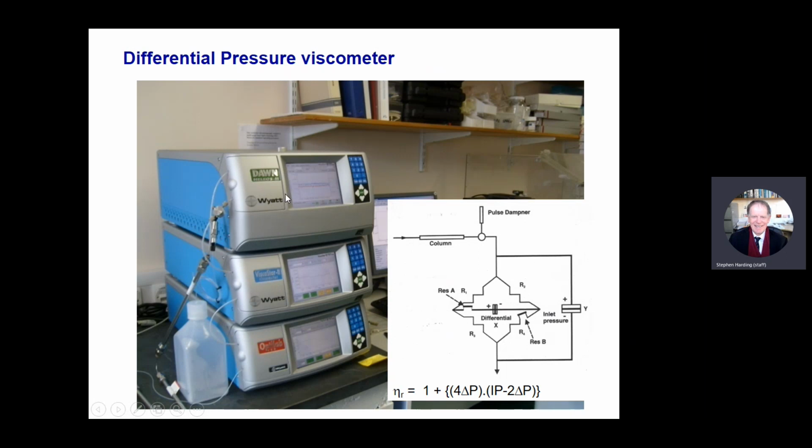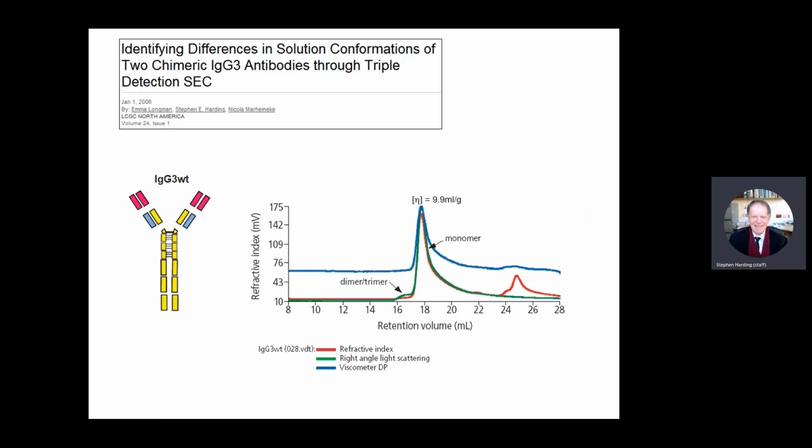So if you couple these two together, allowing for the difference in time lag, you get the intrinsic viscosity and molecular weight as a function of the elution volume. So it's a very clever combination of methodology.